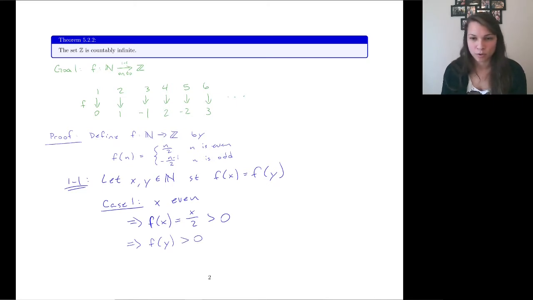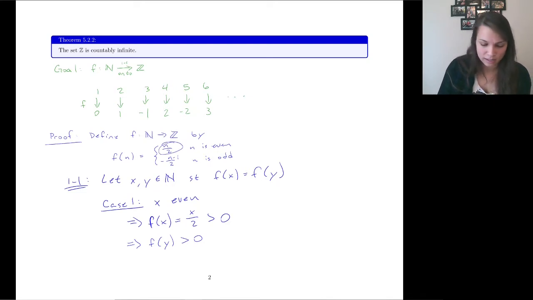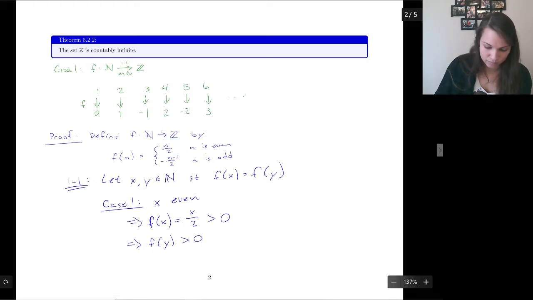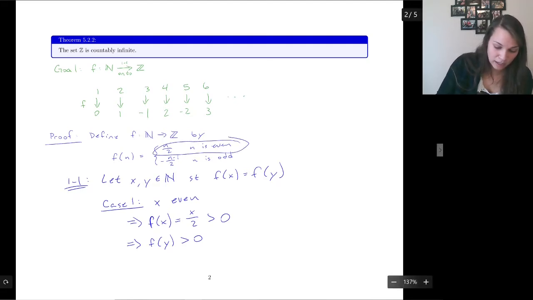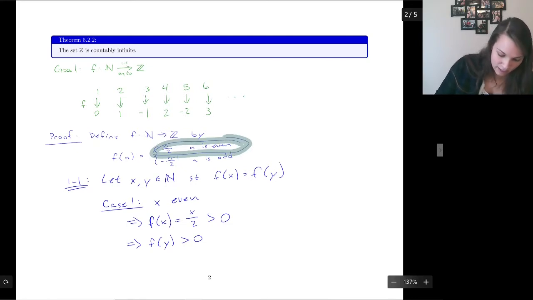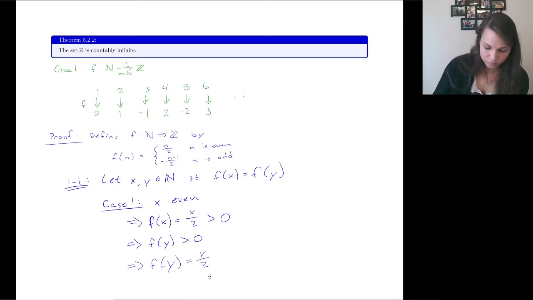Now, the only choice for output is going to be that form, because if it were negative, it would look like this. So since it's positive, we know that it's going to be of this form, so we can say that f of y is going to be equal to y over 2. So here we go. Now we know what f of x is equal to. We know what f of y is equal to.